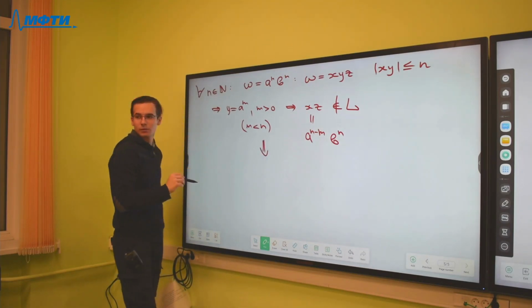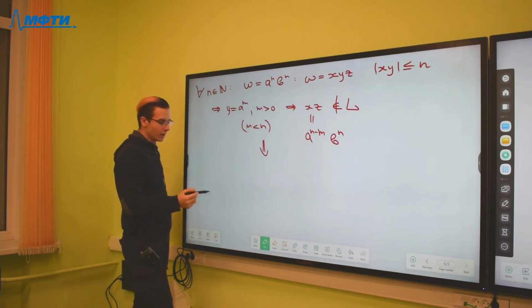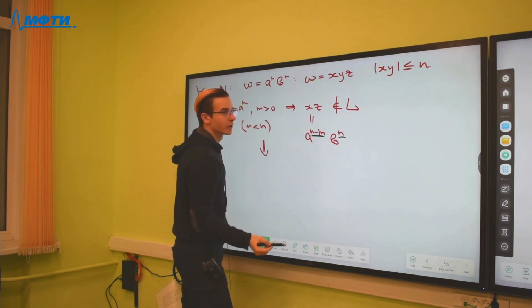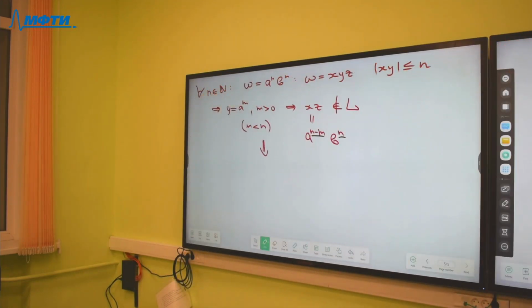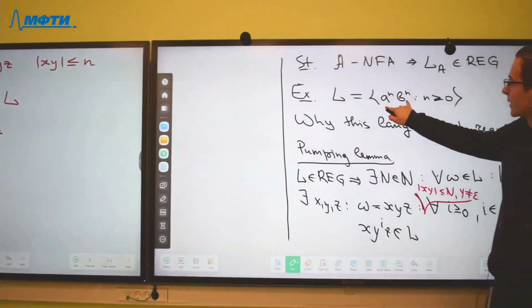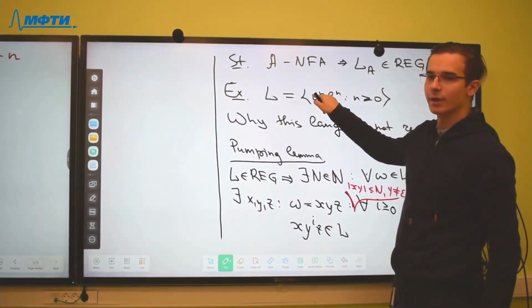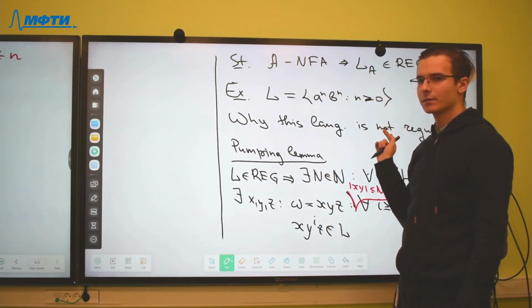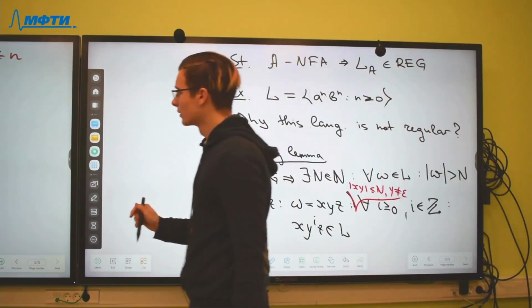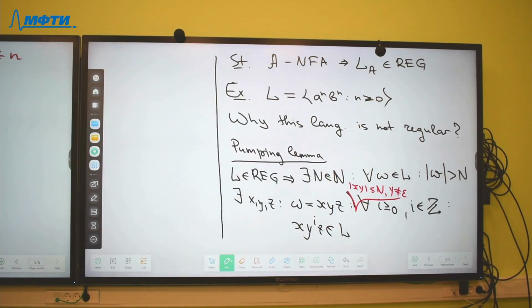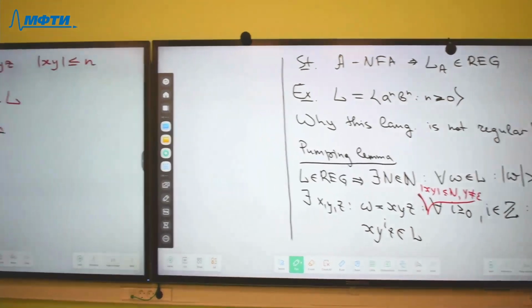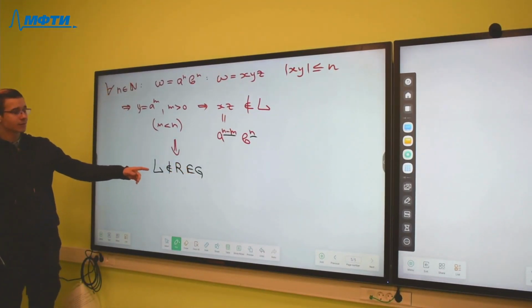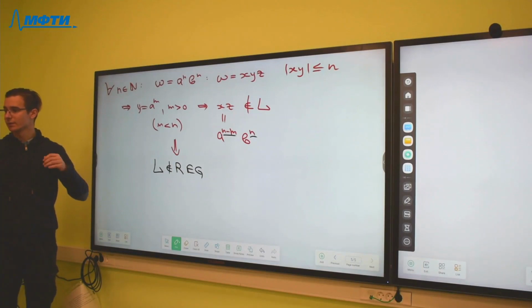So n minus m is not equal to n, because in this language we have only words such that firstly we have n a's, and then we have n b's. So as a consequence, the language is not in the regular class.